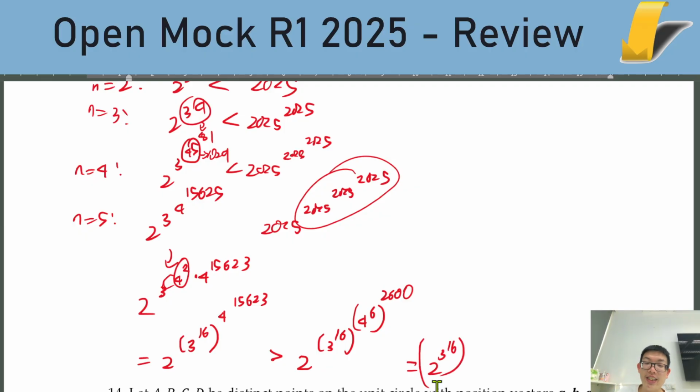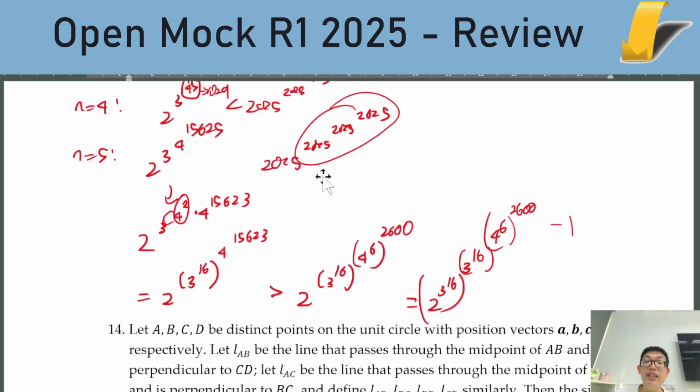It looks funny, but you just understand why these are actually very far apart. I just borrowed 3 to the 16, and what do I have left? I have still got 4 to the 6 to the power of 2600 minus 1. That's all I have. This is still so much bigger than that. And so I can safely say that the answer is n equals 5.